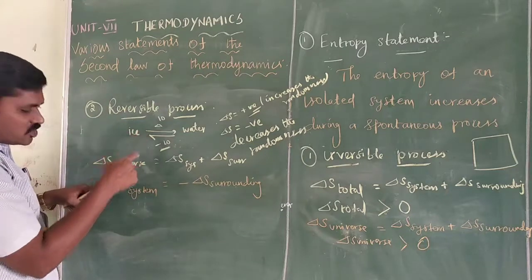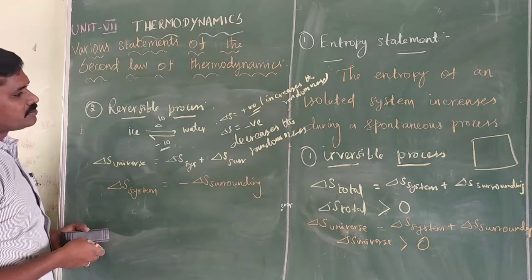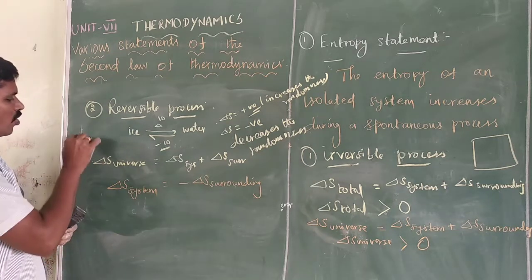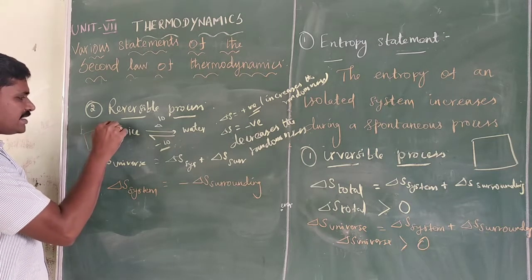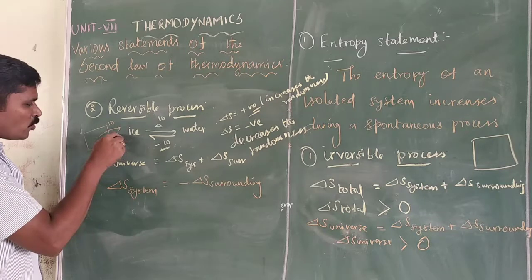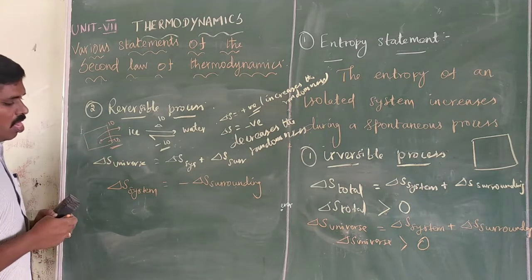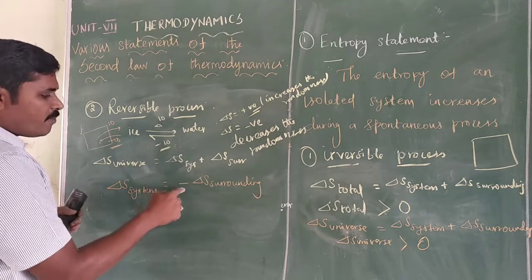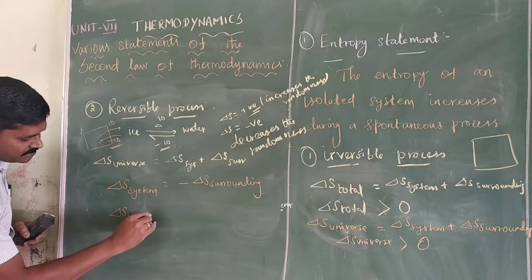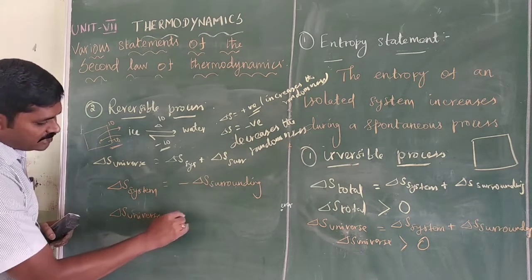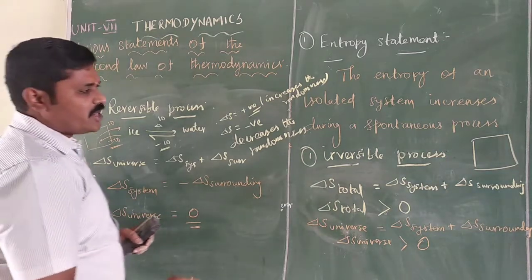The randomness from system to surrounding increases by 10, and from surrounding to system decreases by 10. So del S universe is equal to 0. Very important.